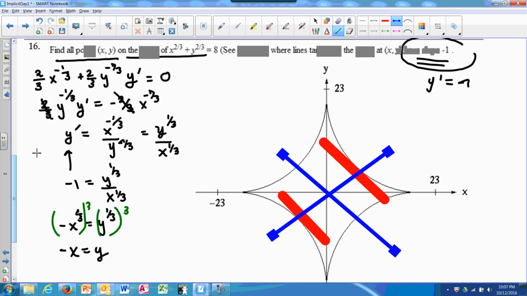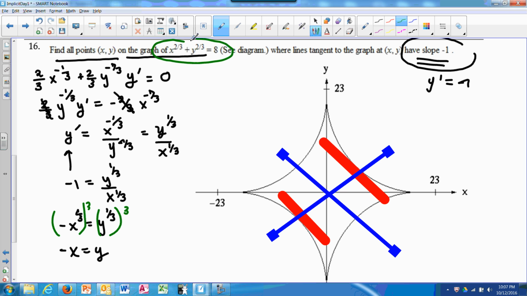Okay, now remember what I had said before about finding points on the curve. If we're looking for points on the graph, then we want this to be able to substitute in for here.